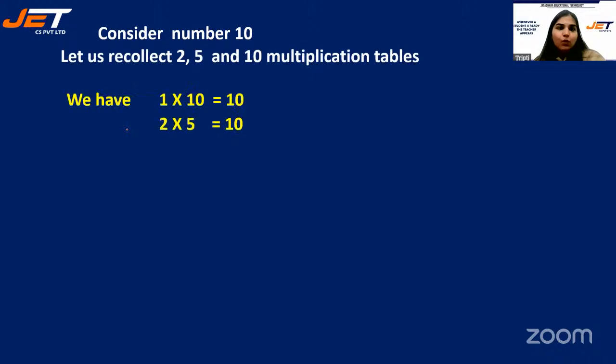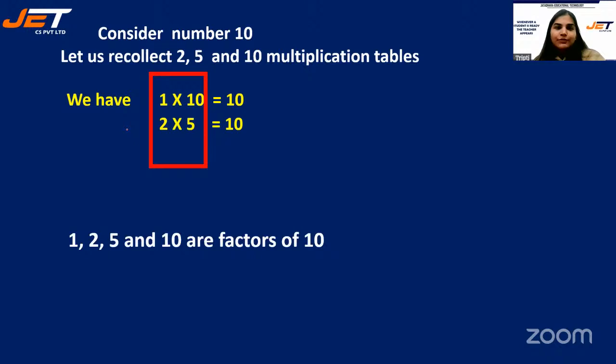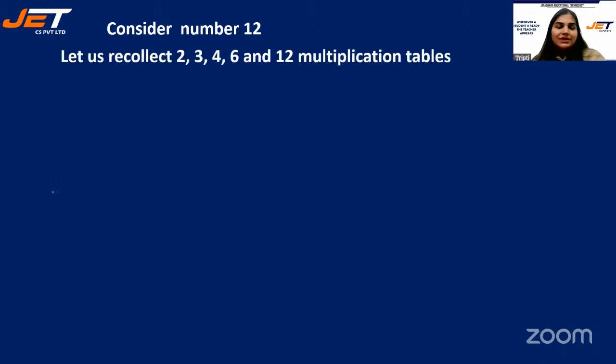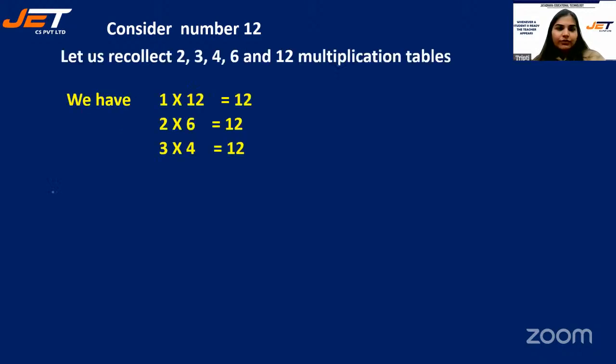So let's see the factors of 10. The factors of 10 are 1, 2, 5, and 10. Number 12. What are the factors of number 12? So number 12 has factors 1, 2, 3, 4, 6, 12.